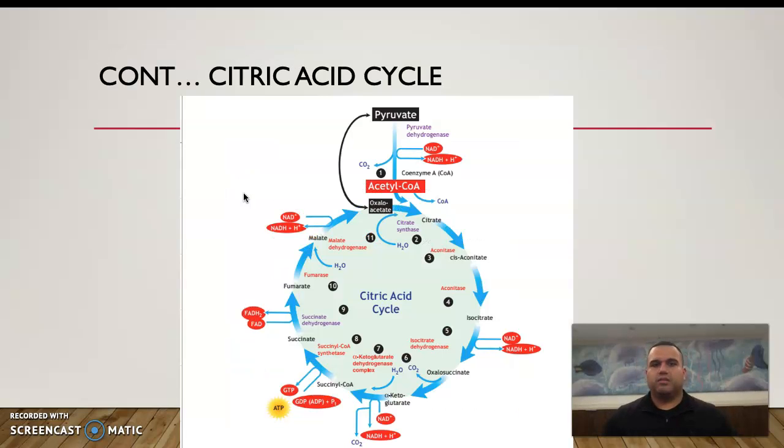We're going to talk a little bit about the citric acid cycle, or Krebs cycle. We're going to go into what happens to pyruvate: pyruvate is dehydrogenated and turns into acetyl-CoA. Along the way, there are additions and subtractions of NADH and hydrogen.